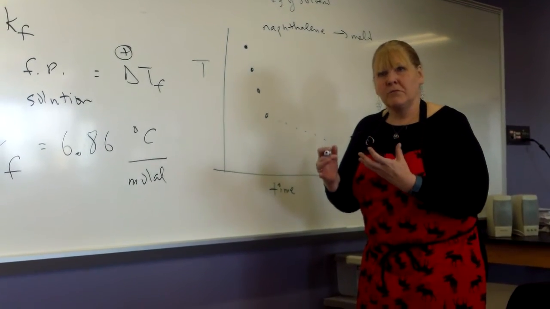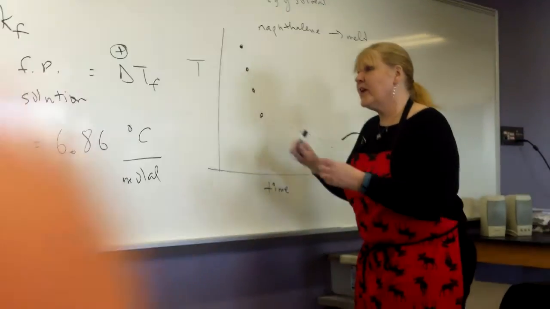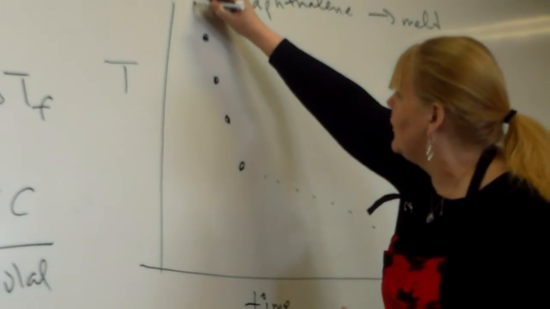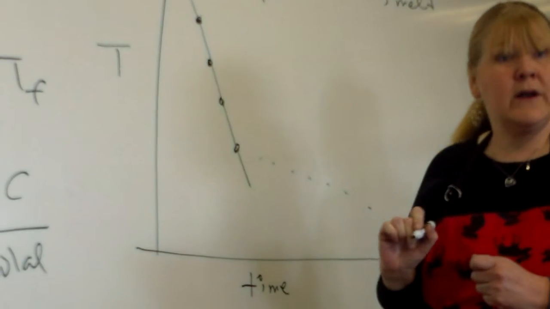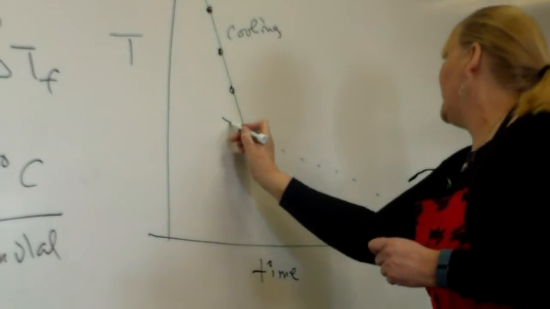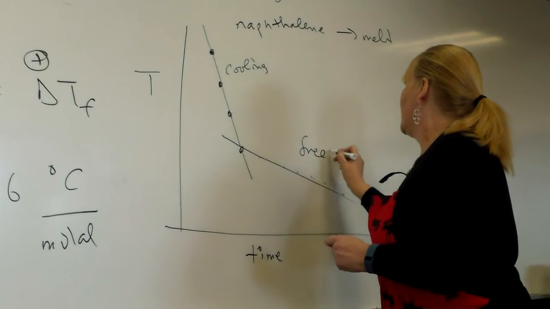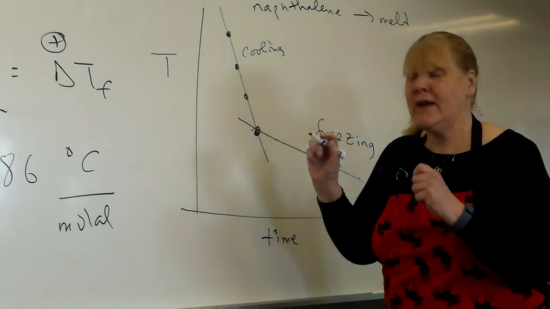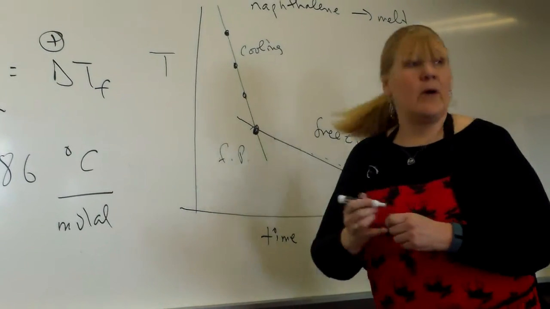And you go, okay, so what's what? The intersection of the two best fit lines. So you're going to have to, by hand, draw 2 lines in: one through the cooling of the liquid, one through the freezing of the solid, and that point right there is the freezing point.